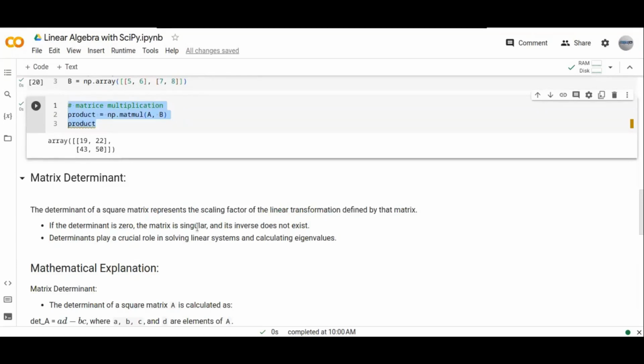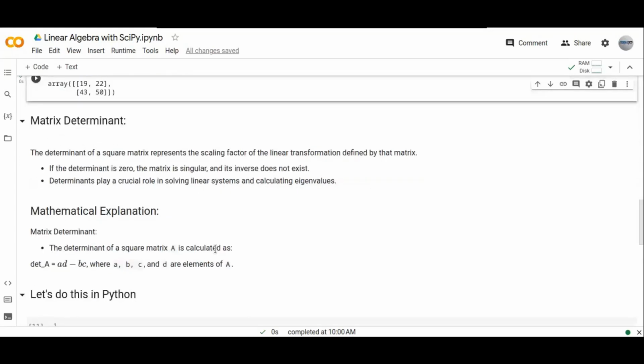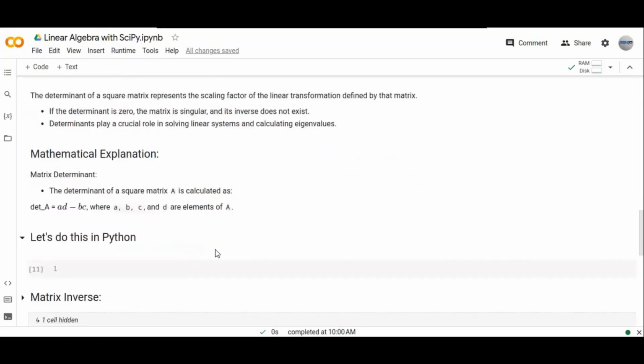The determinant plays a crucial role in solving linear systems and calculating eigenvalues. So this determinant is very essential. We can calculate determinants using the SciPy library. SciPy provides a powerful function that is used to calculate determinants of a square matrix.